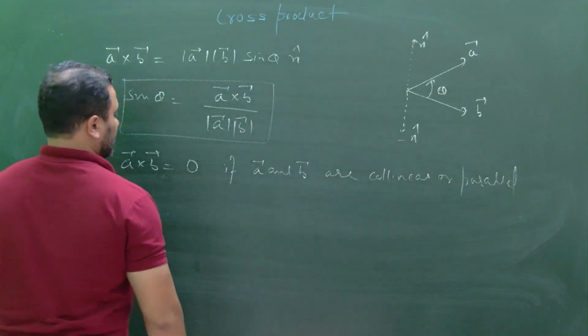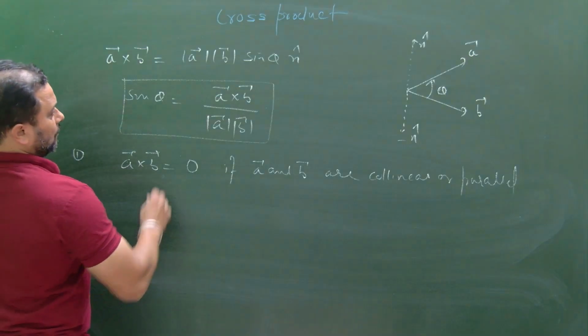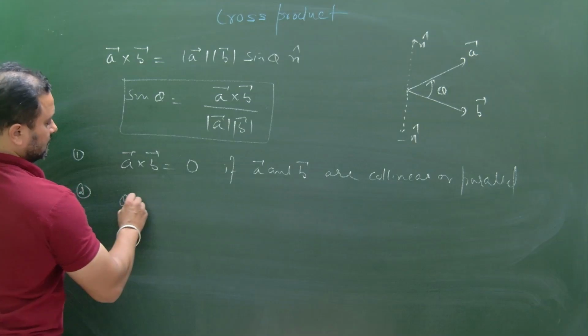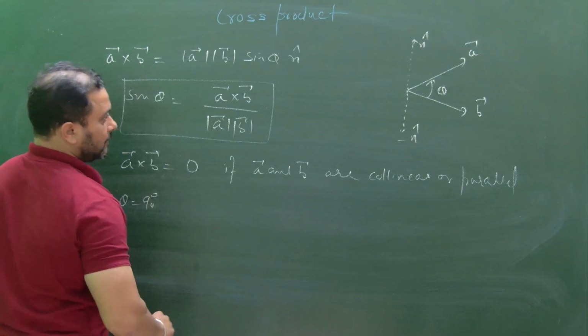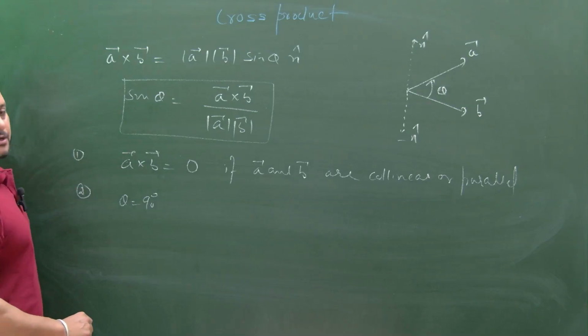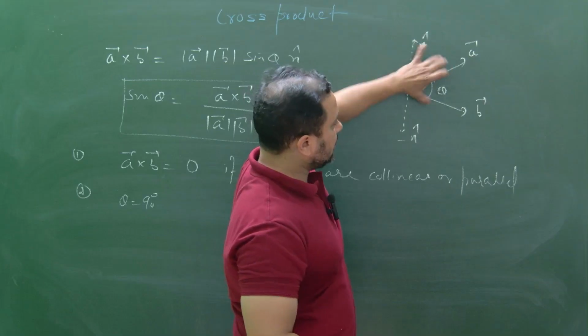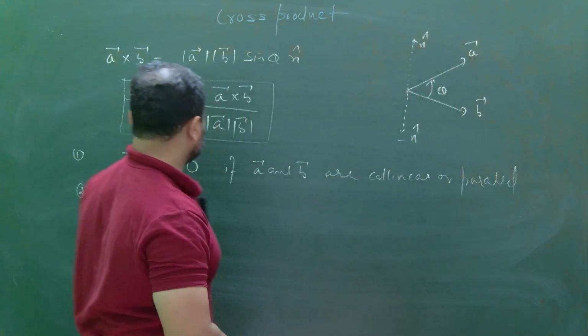Or if this angle is 90 degrees, it means both A and B are perpendicular to each other. The unit vector is perpendicular to both, so the two vectors can also be perpendicular to each other.